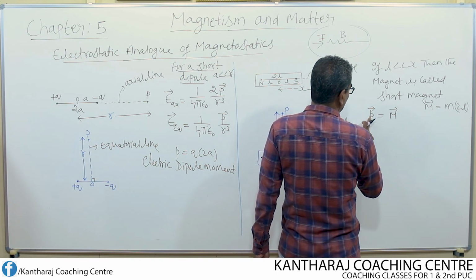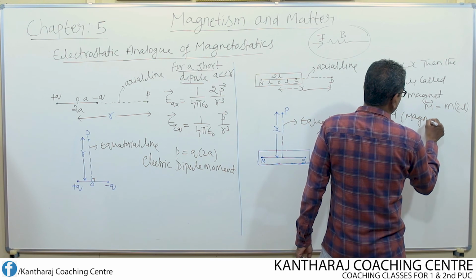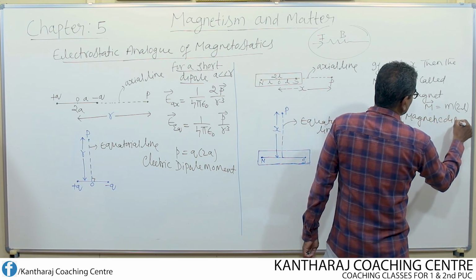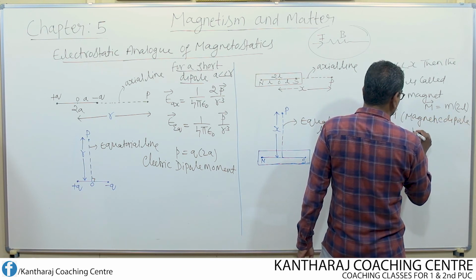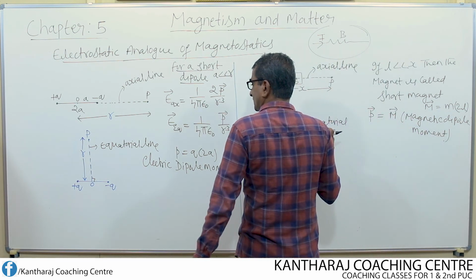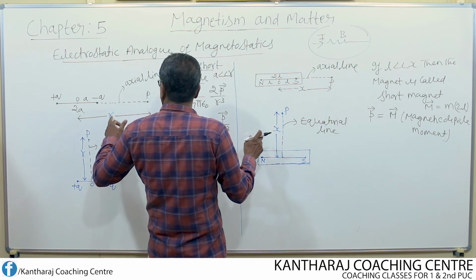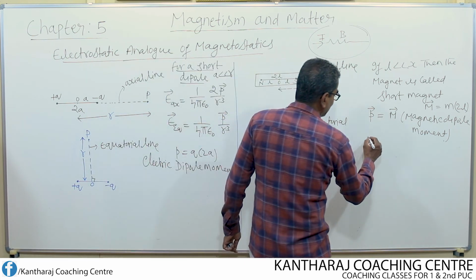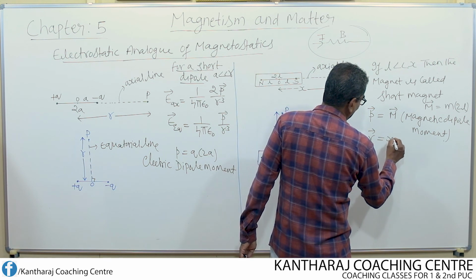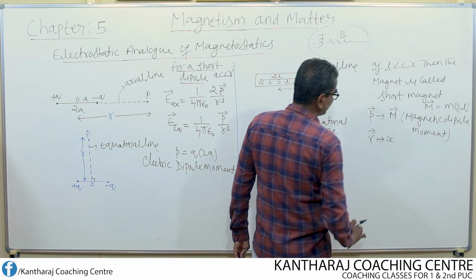So we replace the electric dipole moment by the magnetic dipole moment. Secondly, we replace R by X. Let us write the replacements.